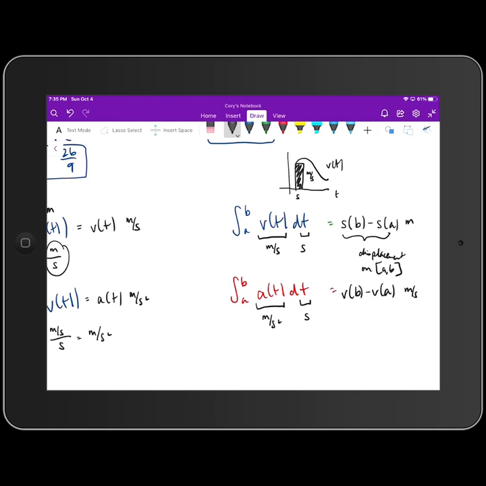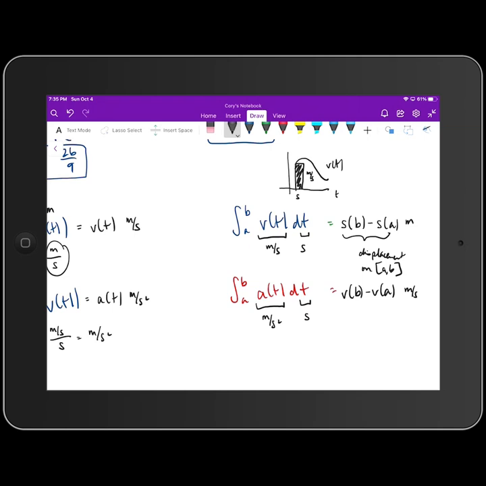And for me, the way I determine that a lot of the times is I look at the unit of measure for the function that I'm given, and then I look at the unit of measure for the function that I'm trying to find. If I am adding a unit in the denominator, that means I'm going to be taking a derivative. If I am getting rid of a unit in the denominator, that means I'm going to be integrating.